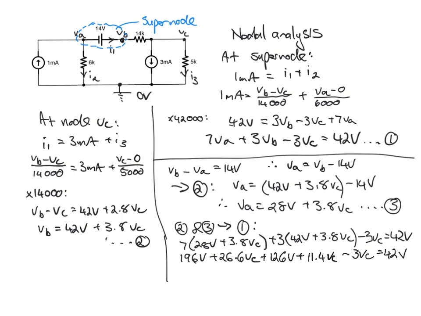And that works out to 35 VC equal to minus 280 volts.